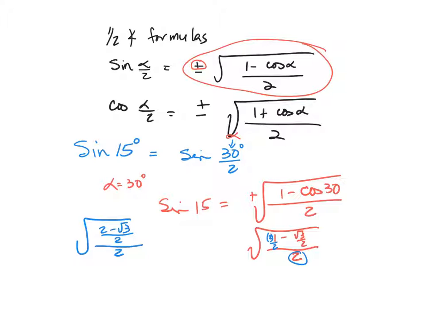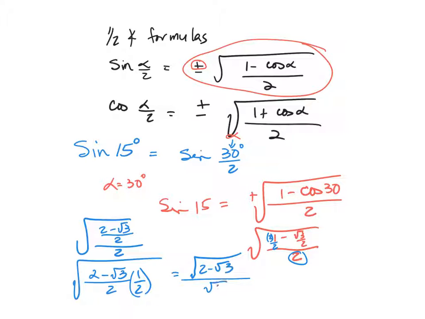Well, when you divide by 2, it's the same as multiplying by 1/2. All that's under the hood. So that's the square root of 2 minus root 3 over 4, the square root of 4. Well, what's the square root of 4? 2. So it's 2 minus root 3 under the hood over 2.